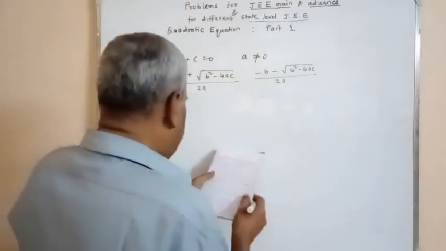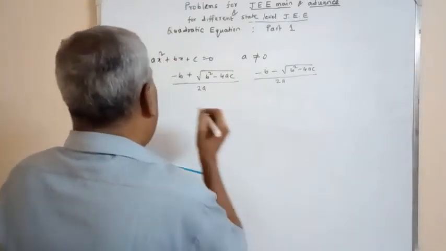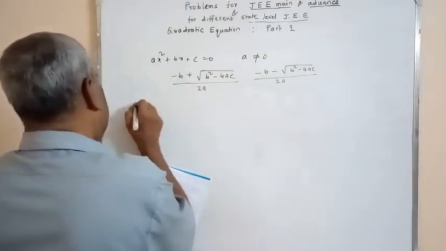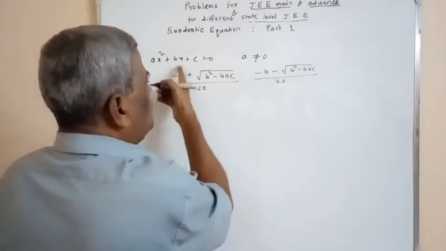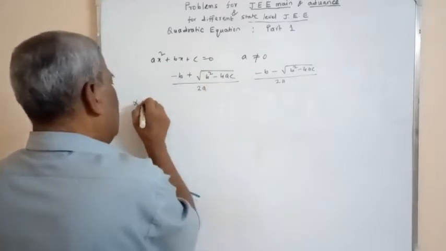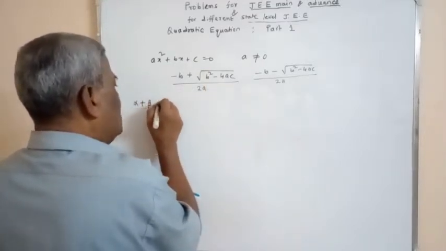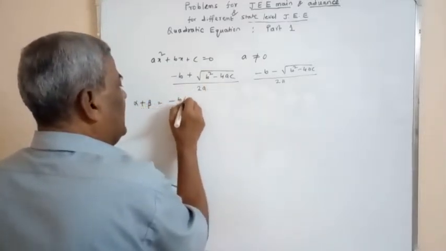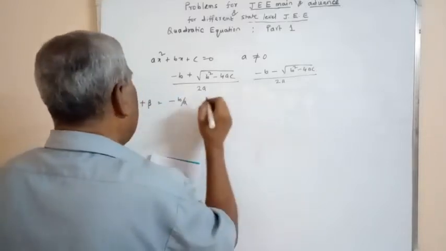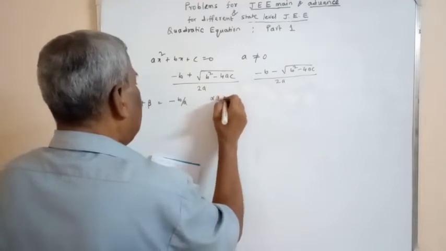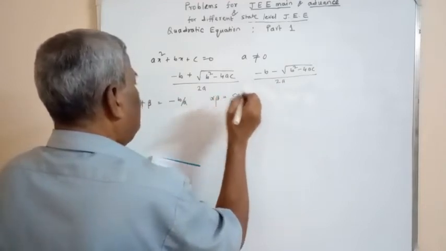Normally, if alpha and beta are two roots of this equation, then alpha plus beta is equal to minus b by a and alpha into beta is equal to c by a.